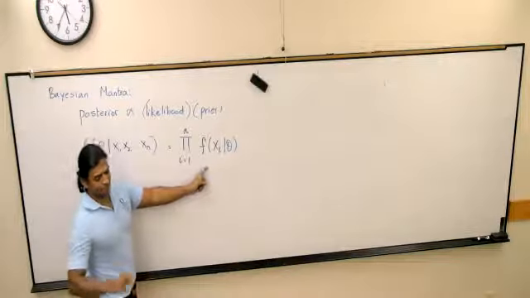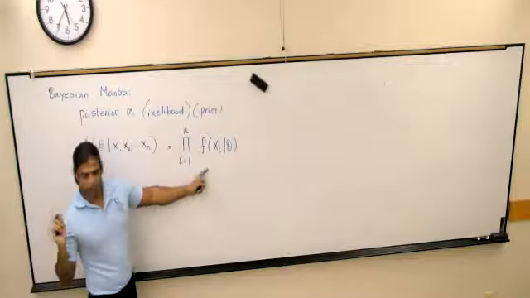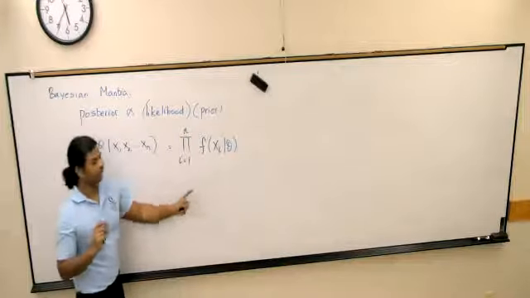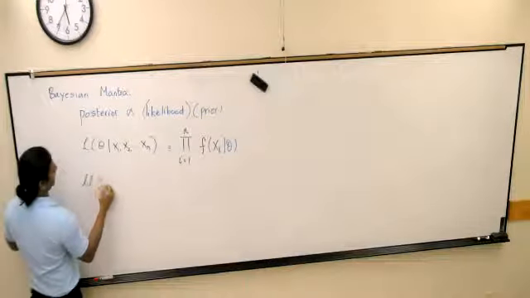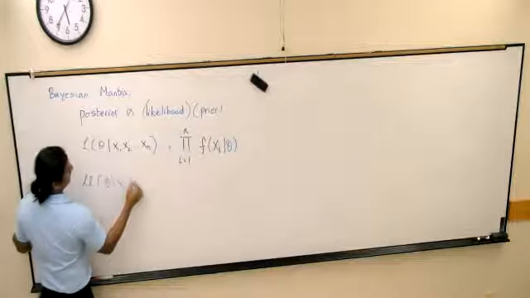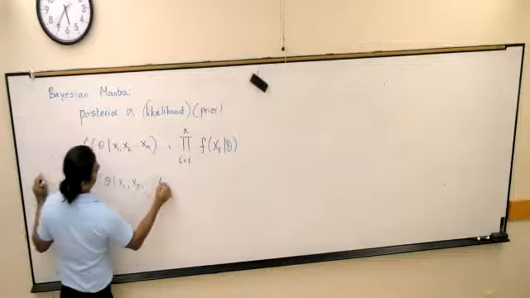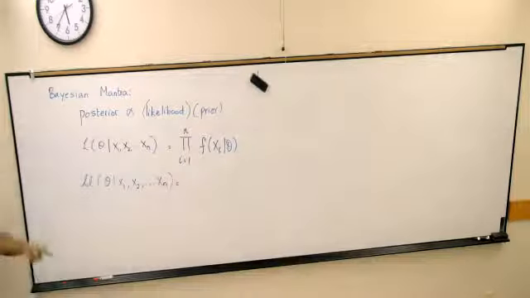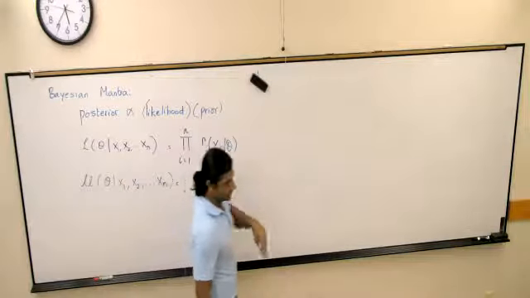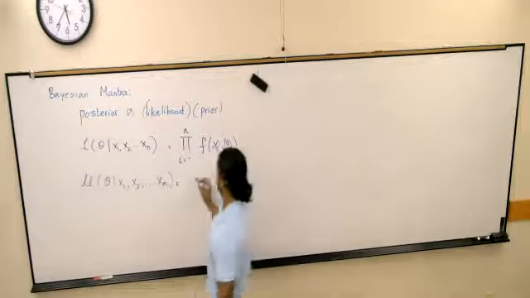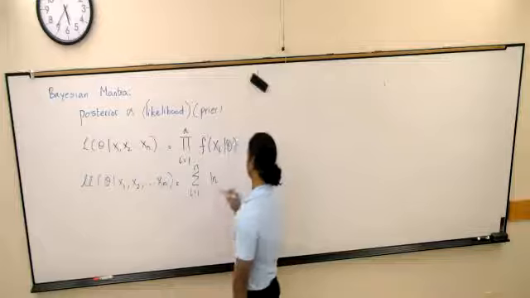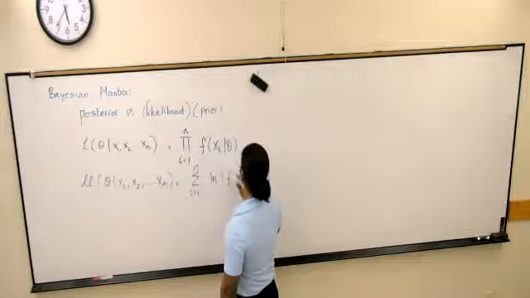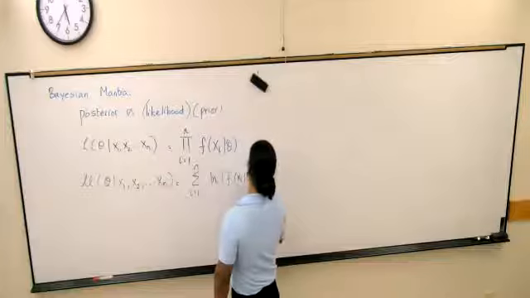When we have densities and we multiply, all the values are going to be very, very small. So typically, instead of using the likelihood function, we use the log likelihood. If we use the log likelihood, what would happen? The product becomes a summation, and ln of f of xi given theta.